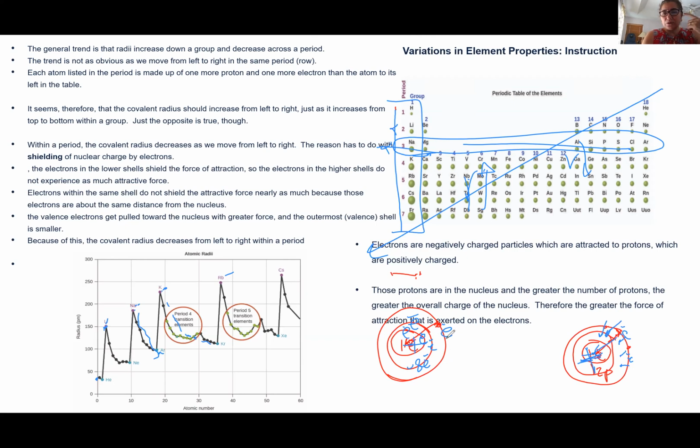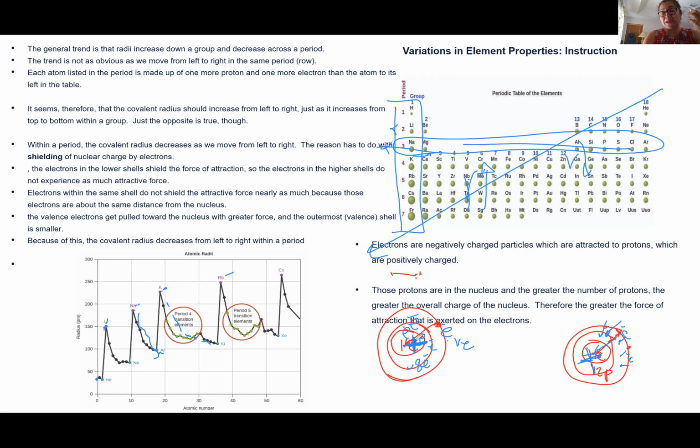So the nucleus is covered by other energy levels. This is called the shielding effect. The valence shell is shielded by the core electrons or inner shells. That blocks the electrostatic attraction from the nucleus as well.